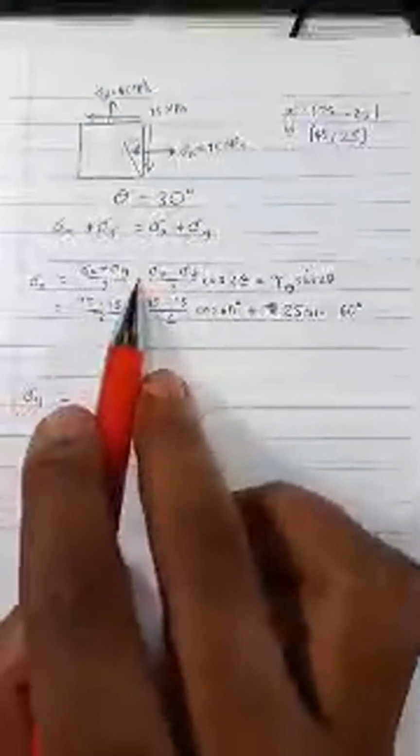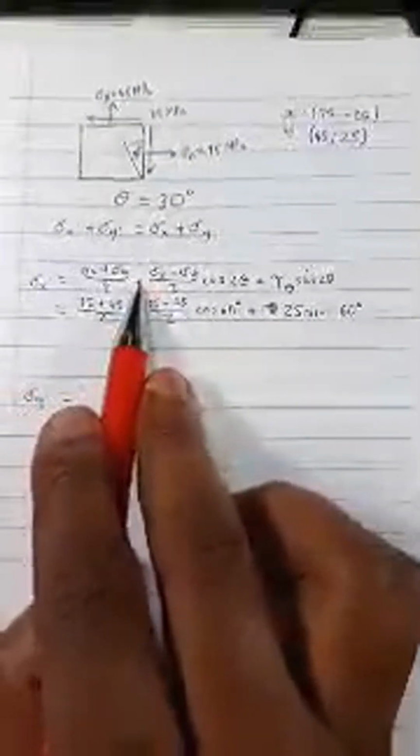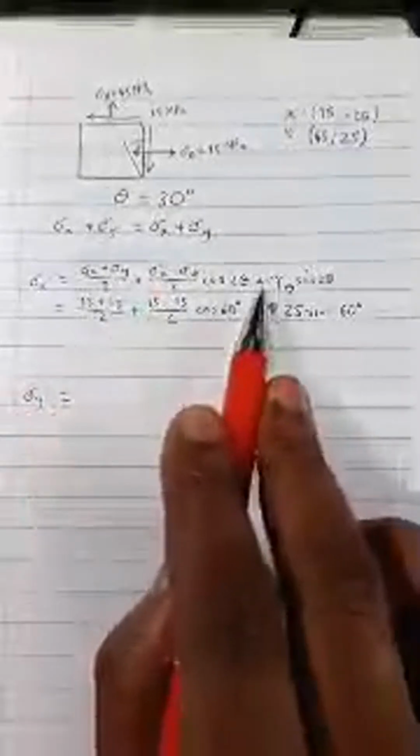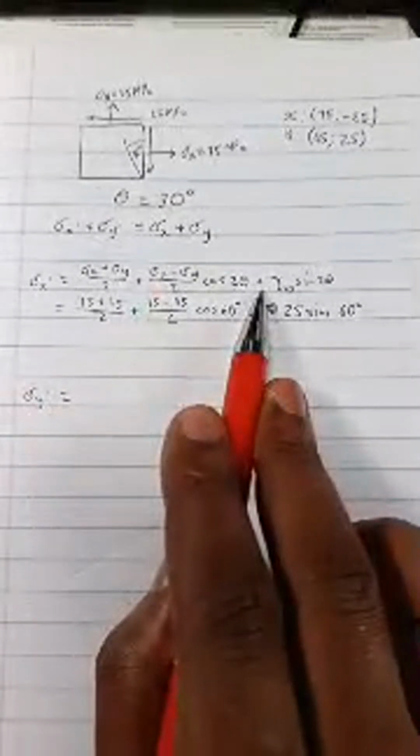Okay, now you still have the same formula, but now you change the sign. You will have negative here, you'll have negative there. That's what we have, negative and negative.